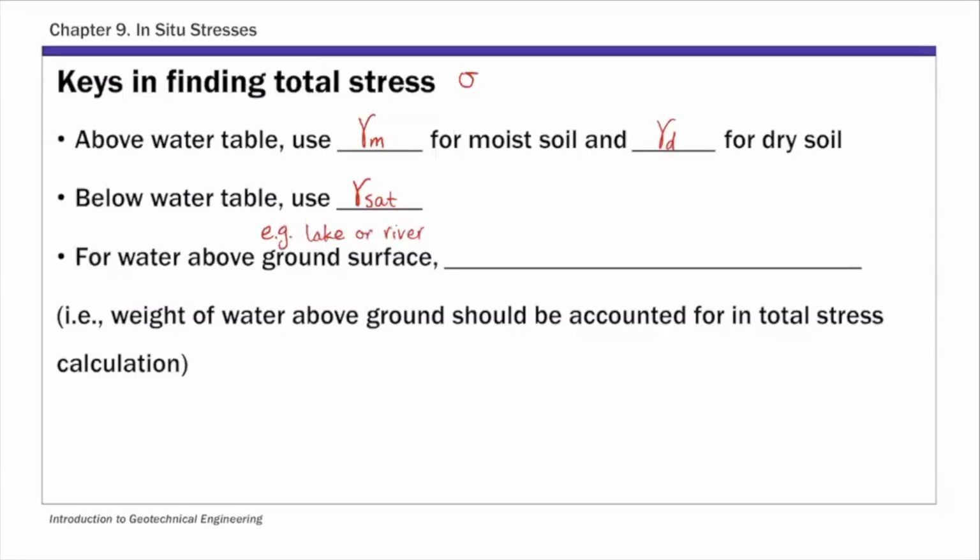And if you want to find out the stress in the soil mass, you have to account for water in the total stress calculation. So gamma water acts for total stress, meaning you need to add the weight of water above ground in your total stress calculation. So let me give you one example.